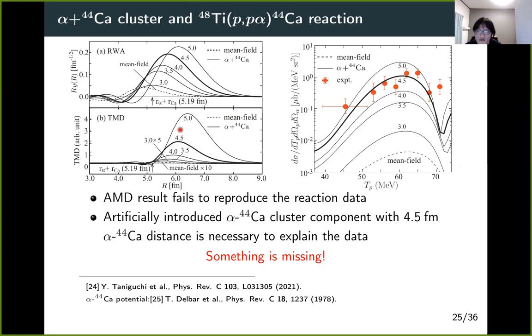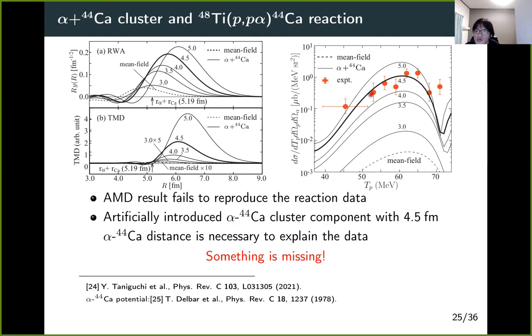So there's a gap from a single particle orbit point of view. And actually, we used AMD, but we failed to reproduce the reaction data. The variational result of AMD gives this dashed line, sorry, too small, and it gives a far smaller cross-section. That is actually very similar to the mean field solution. So AMD gives just a normal, not alpha clustered, wave function.